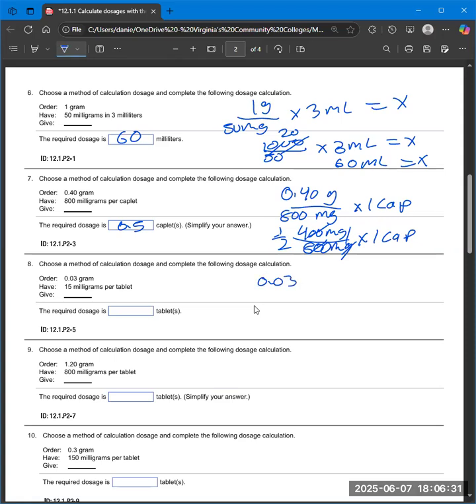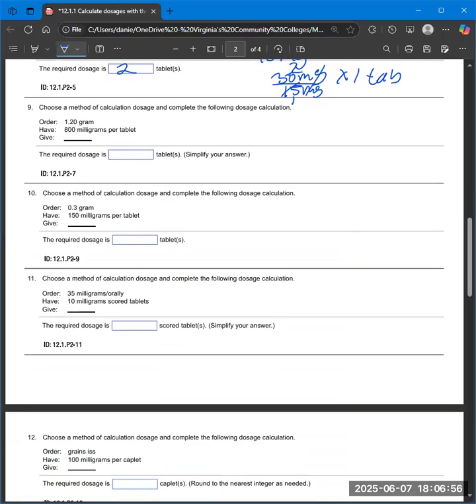All right, 3/100 of a gram, 15 milligrams per tablet. This is 30 milligrams over 15 milligrams, 1 tablet. So 2 tablets there for number 8. 1.20 grams over 800 milligrams per tablet.